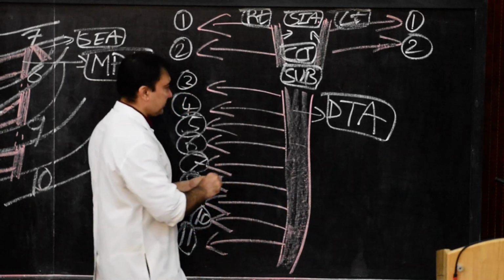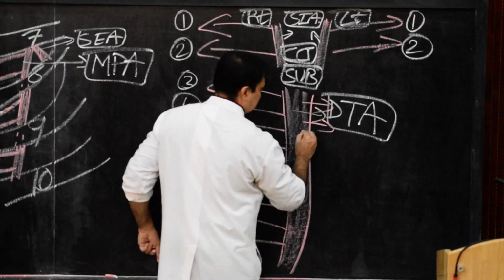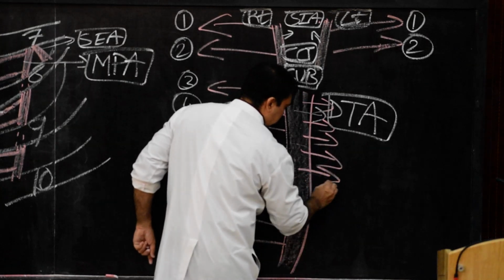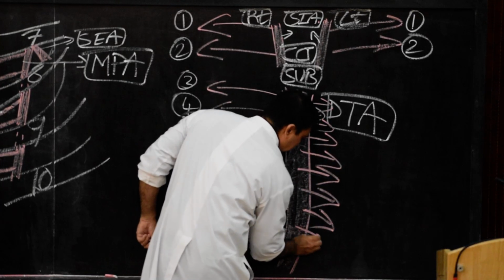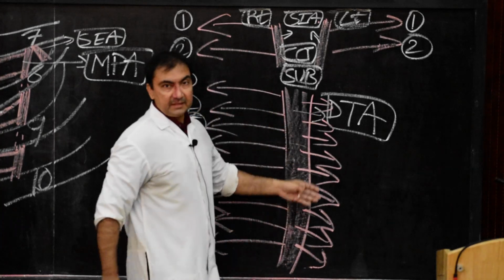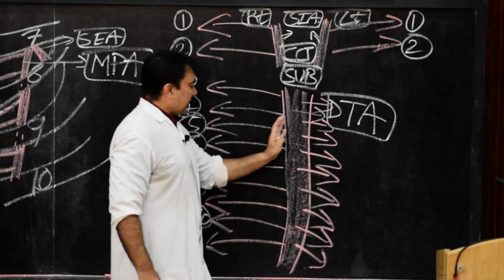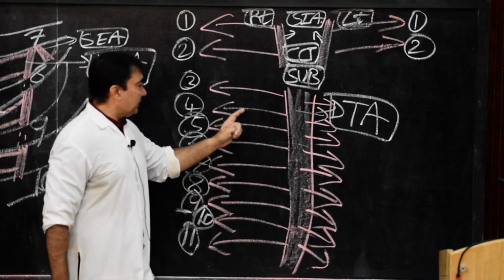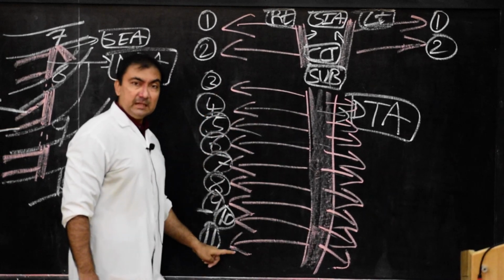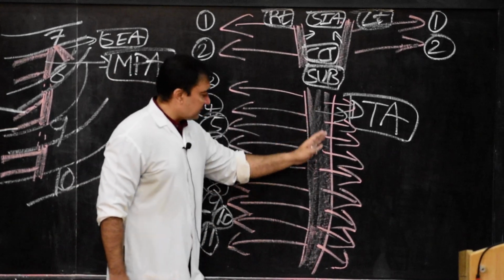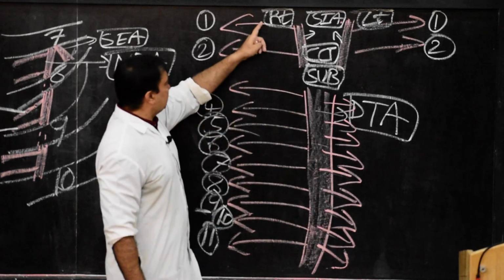Similarly, if you put the arrows on this side, they are also the posterior intercostal arteries of the left side. So the right and left posterior intercostal arteries, numbering from 3rd till 11th, are branches of the descending thoracic aorta. And what about the first and second?